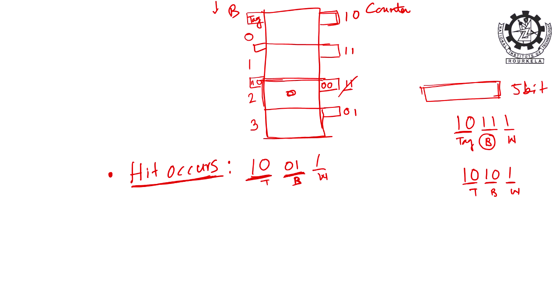Then you need to check the counter value. Let us say the old counter values were 0 1, 1 1 and 0 0. Now the new page is referred, the 0 1 block. What is its value? 0 1. So this should be replaced by 0 0, because it has been referred just now.